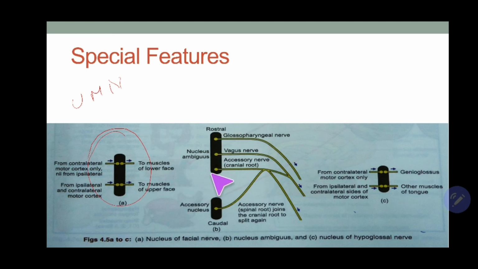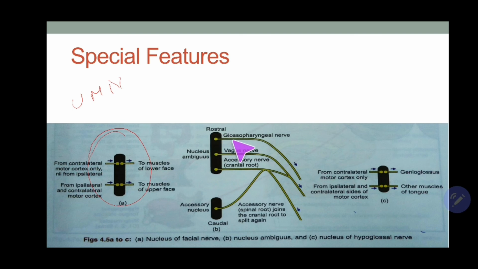Now again, an important thing is about the 11th cranial nerve. The 11th cranial nerve has two parts: the cranial portion and the spinal accessory portion. It's called the accessory nerve. So this is the cranial accessory, this is the spinal accessory. And this nucleus is nucleus ambiguus.